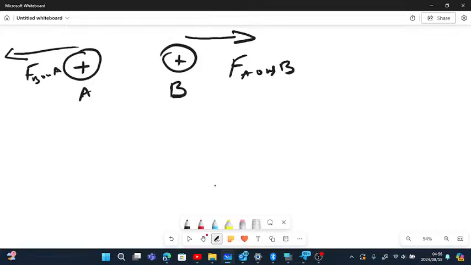This is what we call repulsion. The same thing happens if we have two negative charges.